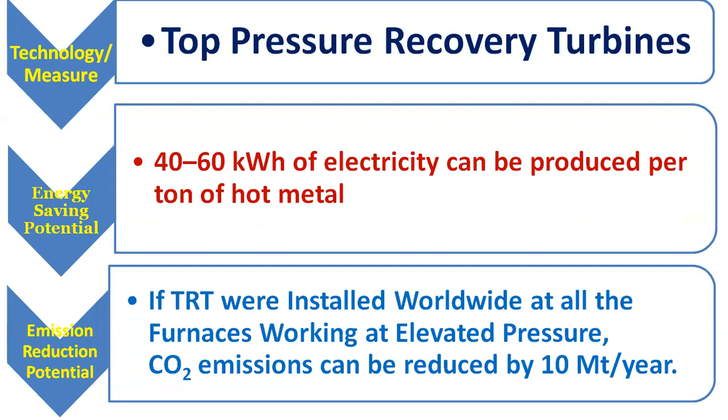So if this TRT were installed worldwide at all the furnaces working at elevated pressure, carbon dioxide emissions at the rate of 10 million tons per year could be reduced. That's the effect of this top pressure recovery turbine measure.